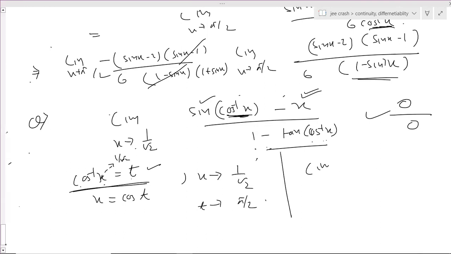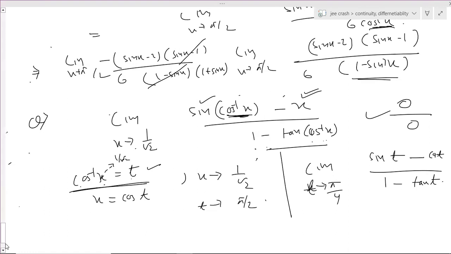So the question becomes limit t tending to pi by 4, (sine t minus x, that is cos t) whole divided by 1 minus tan t. All right.